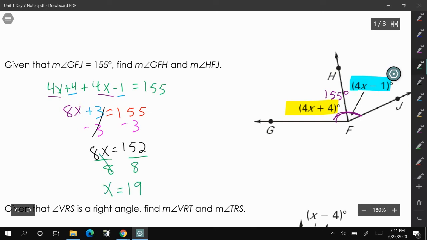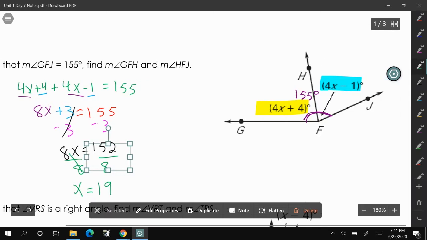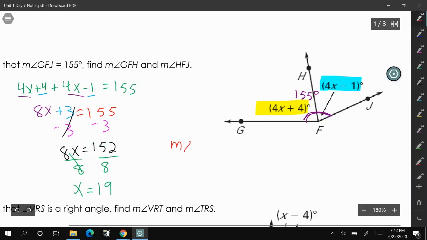But that's not what the question asks. The question asks to find the measures of each angle. So make sure we do that. The measure of angle GFH is 4 times x. Well, x is 19, plus 4. We type that in the calculator, we'll get 80 degrees.